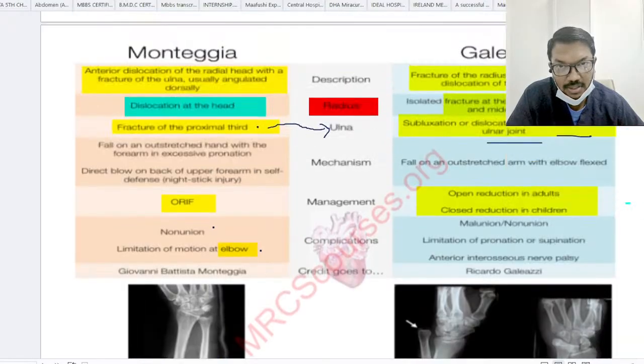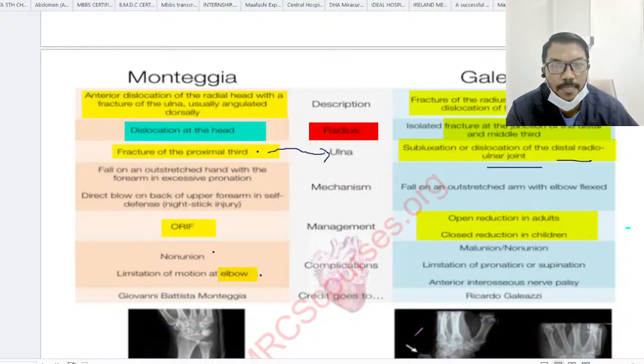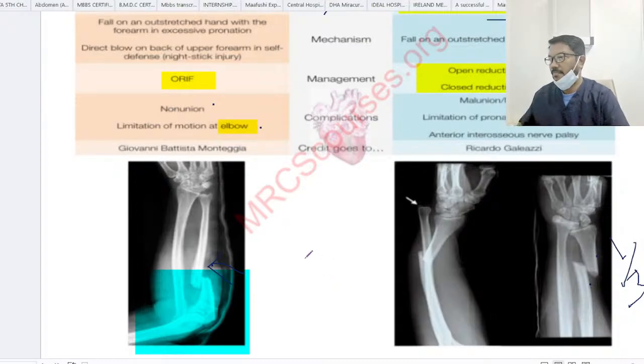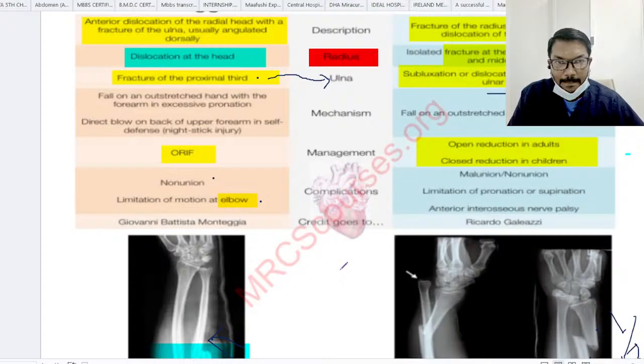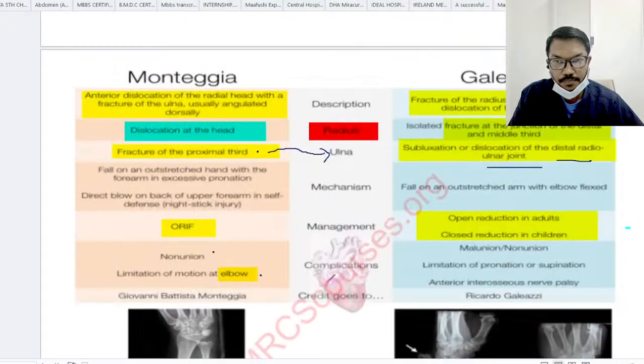And here there is subluxation or dislocation of the radial head.